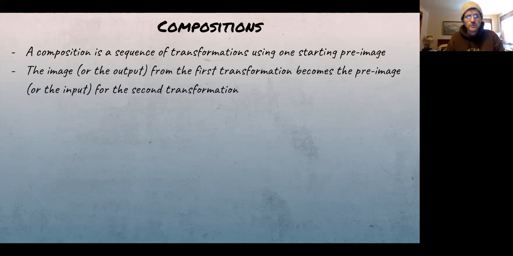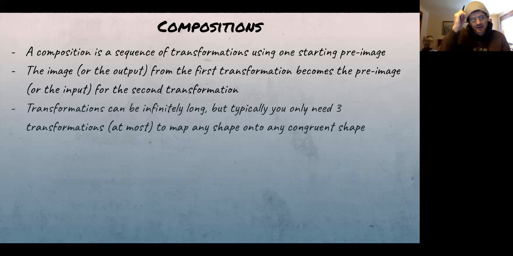Now, when you do the first transformation, the image that you get from it becomes the pre-image for the next one. So we don't start at the same spot every time. We keep doing a transformation, taking that output, and then doing a transformation to that. You could theoretically keep doing transformations forever, but you don't need to. At most, you'd only need to use 3 transformations.